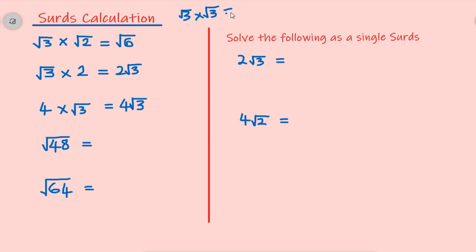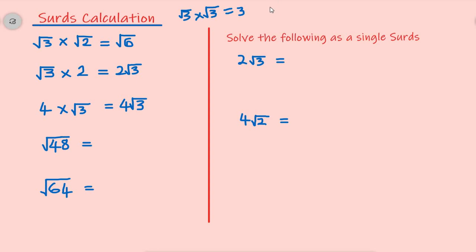Tell me the answer. It is 3, because any root multiplied by itself will give you that particular number.